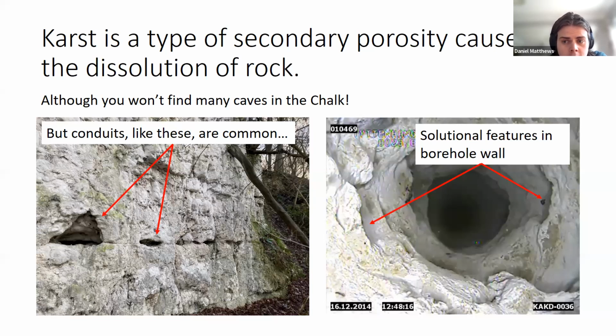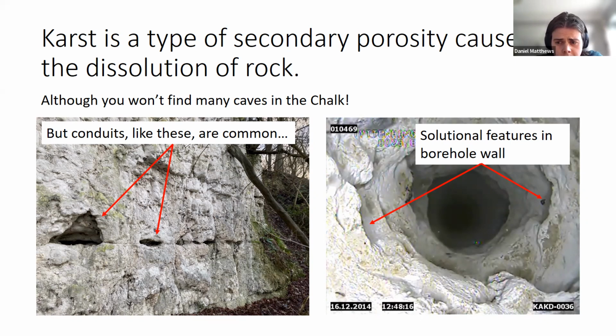In contrast, the two photos here show the kind of karst features that we see in the chalk. So on the left, the two red arrows point to conduits. And whilst there have been a few caves mapped in the chalk, conduits are generally the largest kind of void that we see.